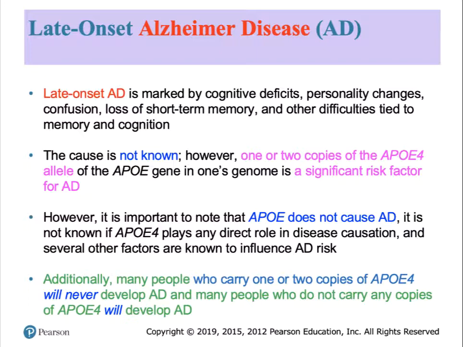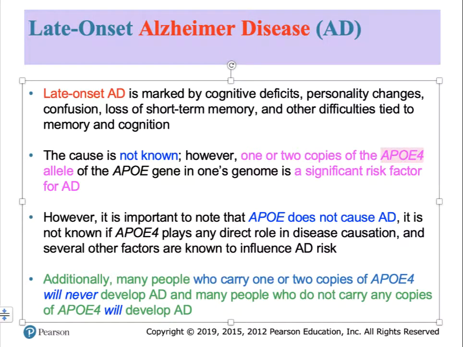The full biochemical cause of this disease is not understood yet. But we do know at this point that there is a gene called APOE, and if you have one or two copies of one of its alleles, APOE4, then there's a significant risk factor for developing Alzheimer's disease.